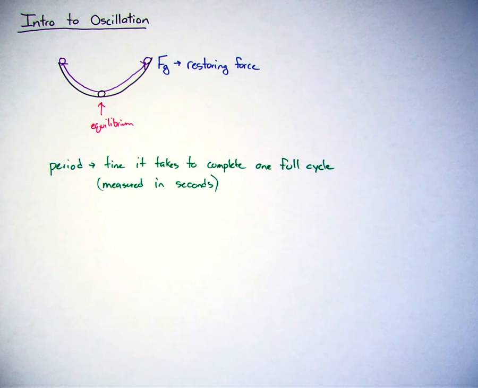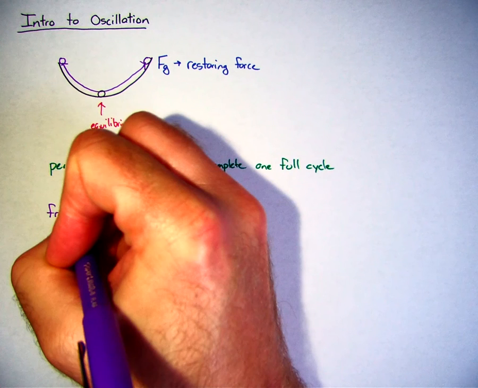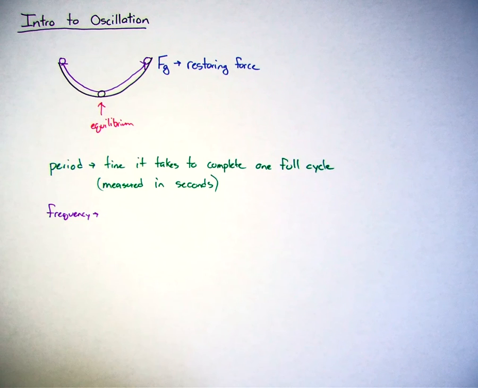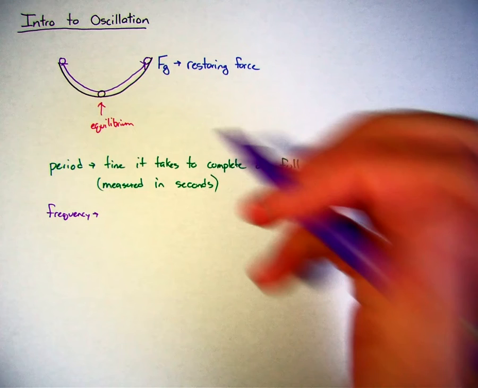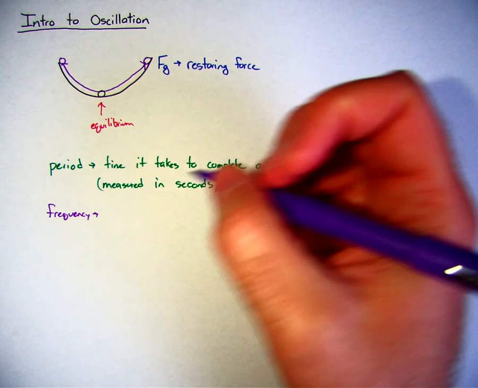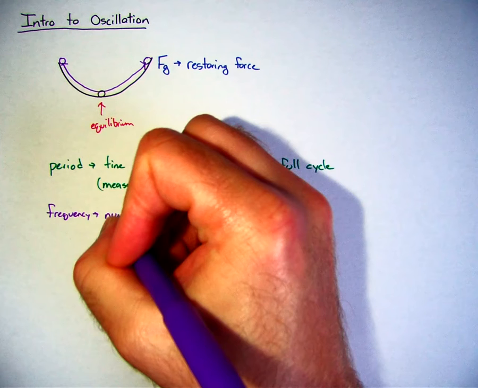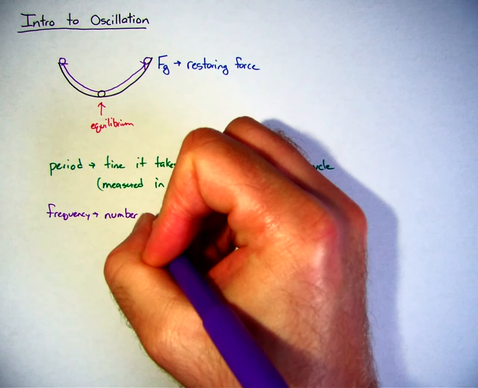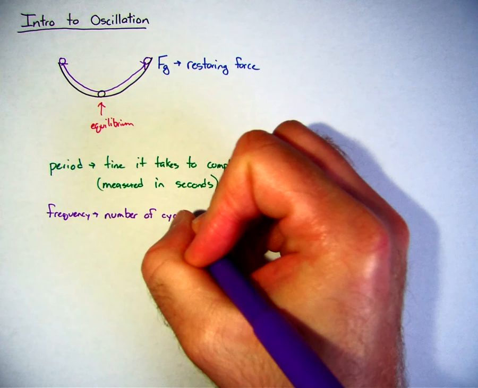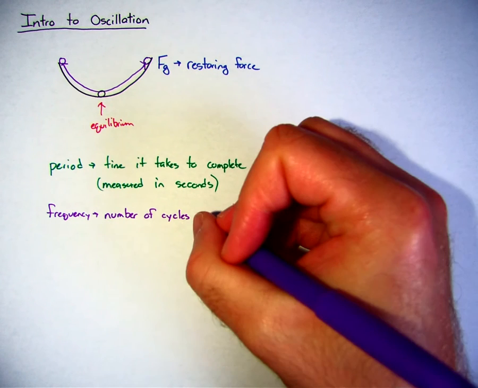Now, in addition to the period, we also have the frequency. The frequency is not the time it takes to complete one full cycle, but it's the number of cycles per second.